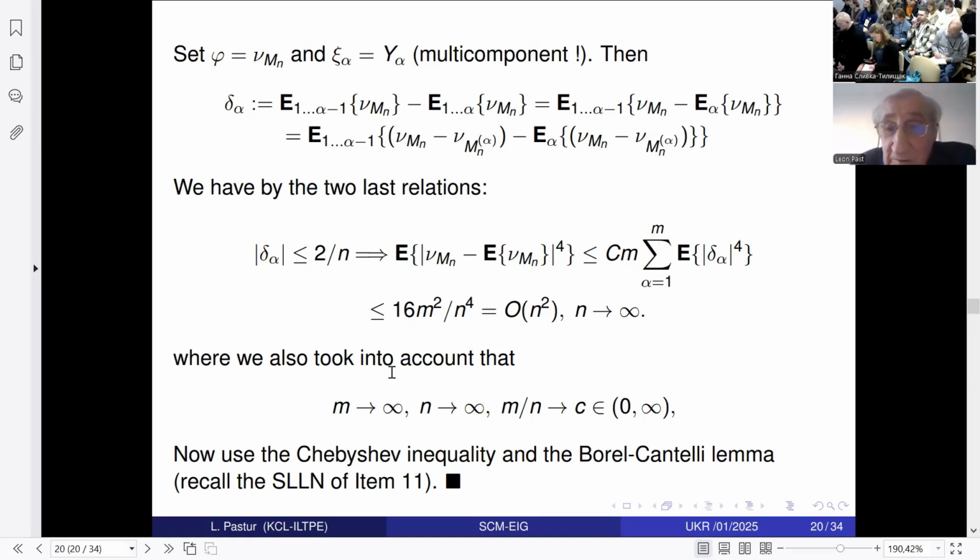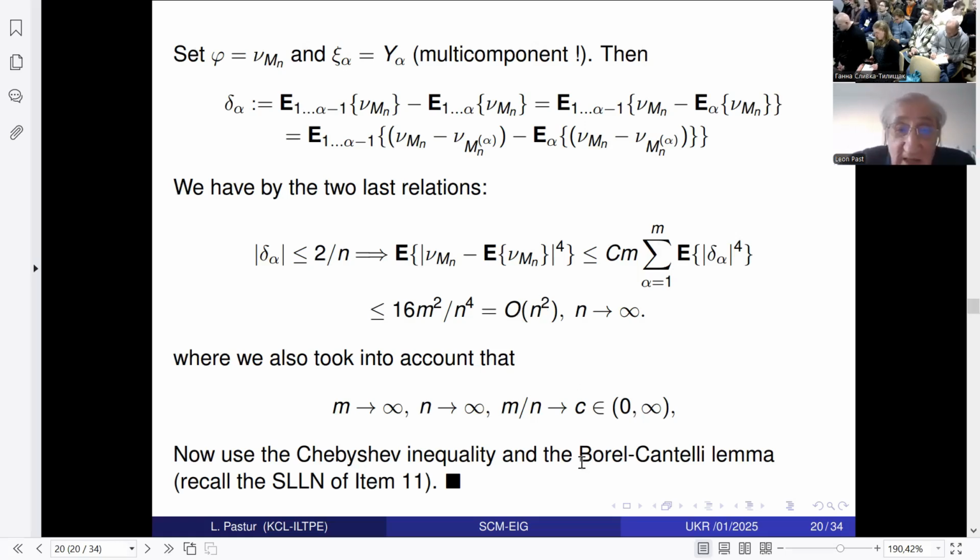And what do we do? If you have the fourth moment, we use a standard trick of probability theory. We can write the Chebyshev inequality for this deviation, and you see that the corresponding probability decays as n to the minus 2.